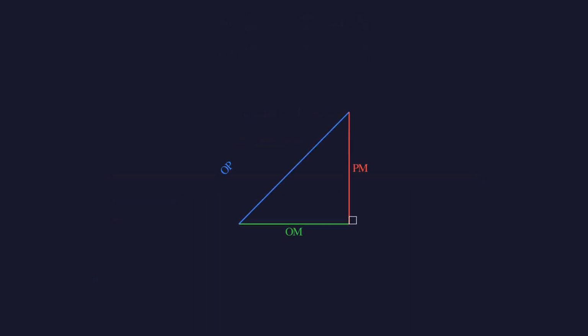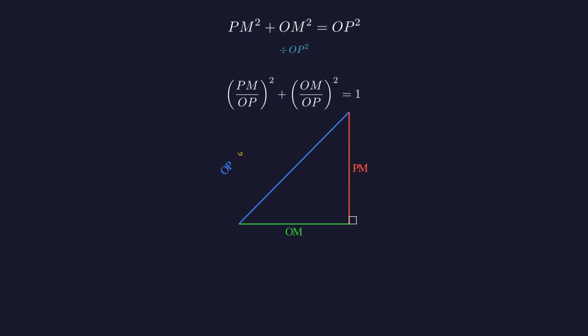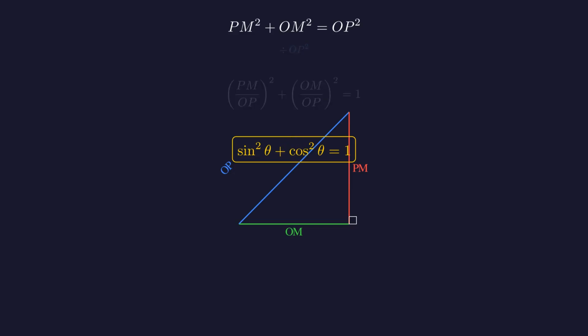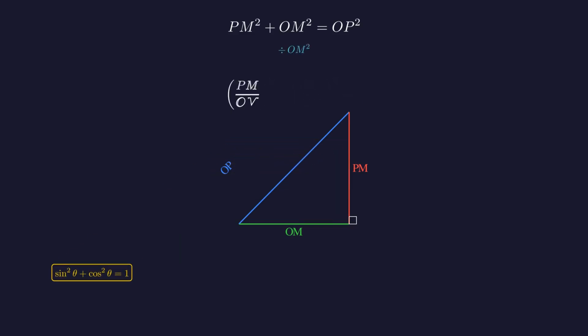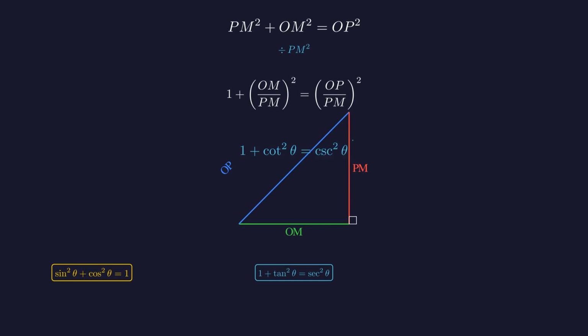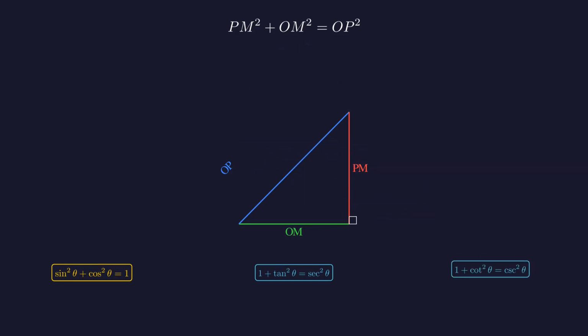Okay, now this is where it gets really beautiful. Let's take the Pythagorean theorem and apply it to our triangle. MP squared plus OM squared equals OP squared. That's just Pythagoras, nothing new. But watch what happens when we divide everything by OP squared.